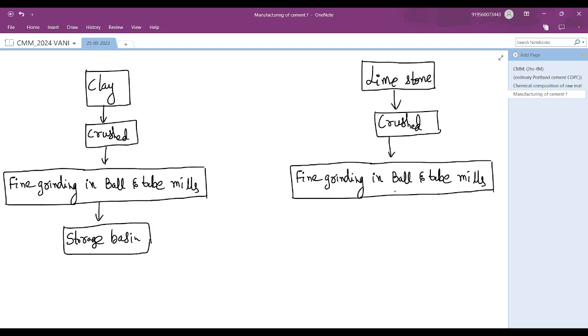As the mixing should be done in dry form, the raw materials have to be ground fine in two steps. One is the preliminary step, that is crushing, and later fine grinding in ball and tube mills.